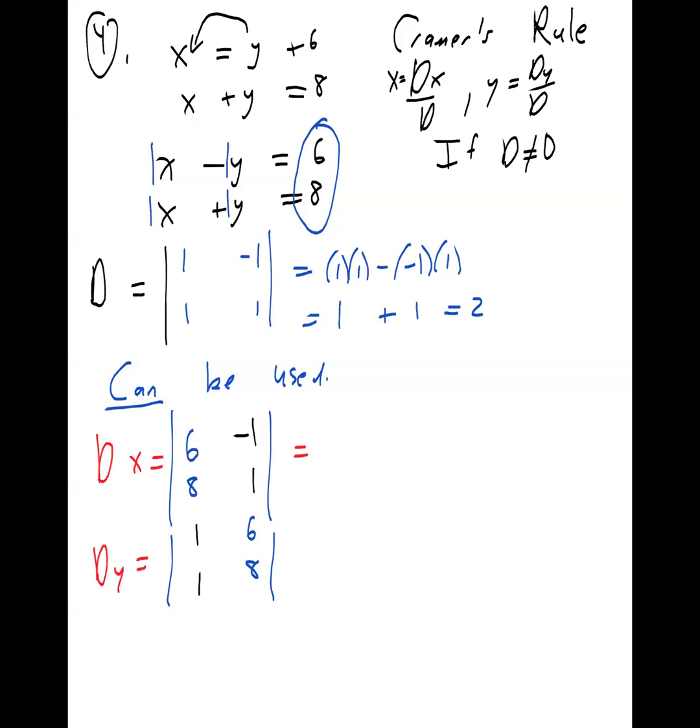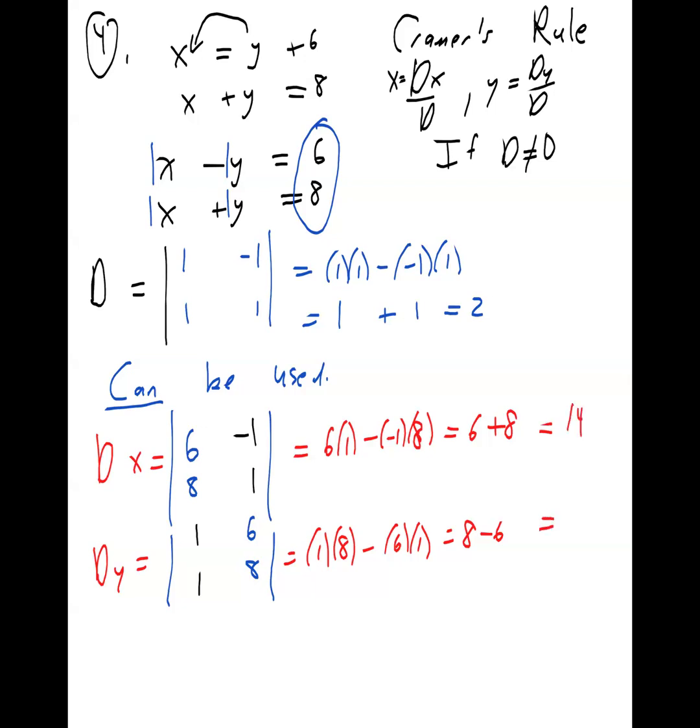So you do the first number times the last number, 6 times 1, minus the other two numbers multiplied together. And you do the first number times the last number, minus the other two numbers multiplied together. So 6 times 1 is 6, negative negative is a positive 8, so 6 plus 8 is 14.